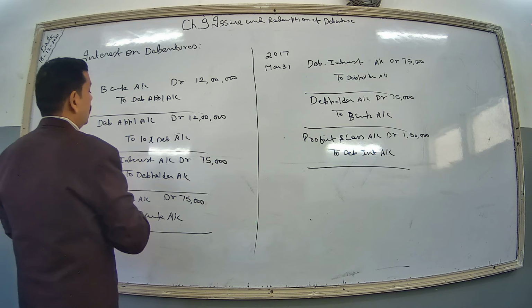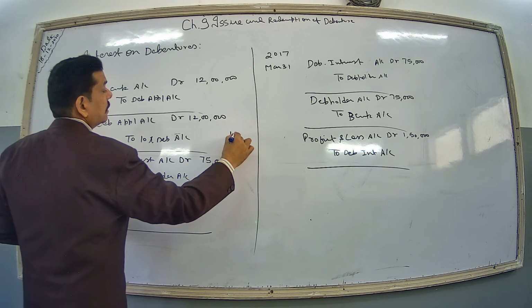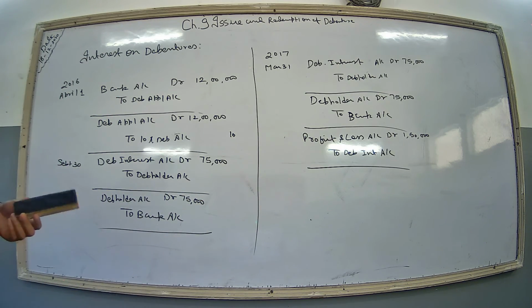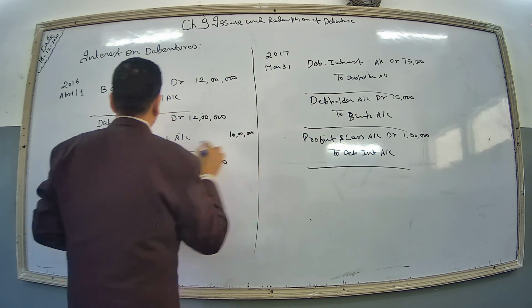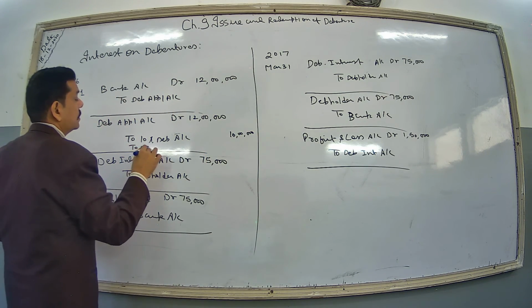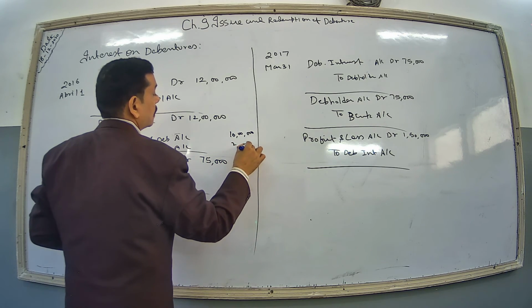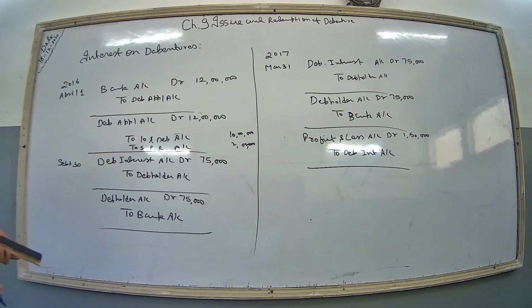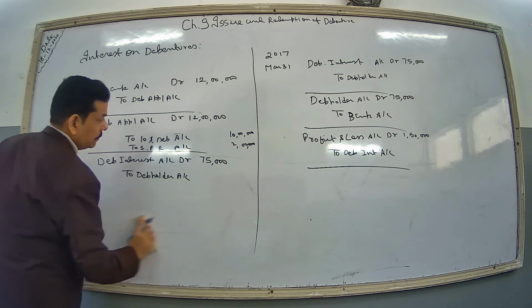Second transfer entry: debenture application to 10% debenture, that is 10 lakh, and to security premium reserve account 2 lakh. Okay. Now here what is happening? Debenture interest is payable yearly. Okay, no problem.